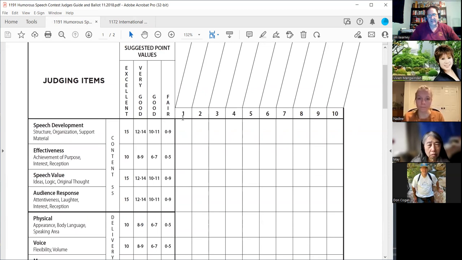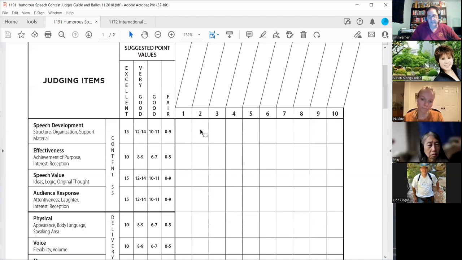When the judge gets the sheet, what they do is they take the speakers' names and they put them up here at the top of the column so that they know what speaker is doing what. And in these boxes down here, the way I do it, I don't know if all judges do it, but the way I do it is I take the score from the middle here and I put pluses and minuses inside these boxes.